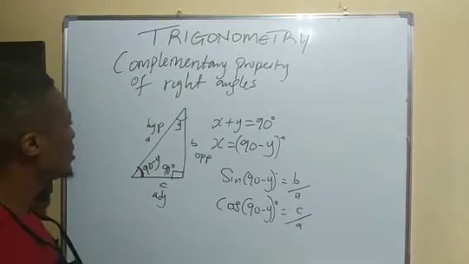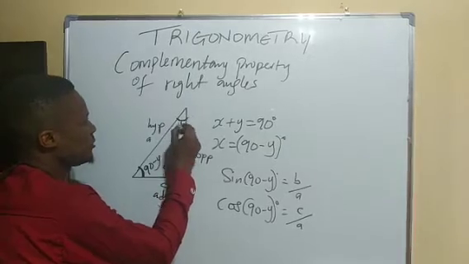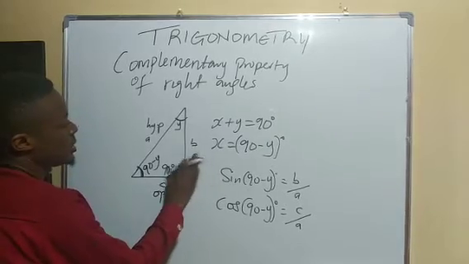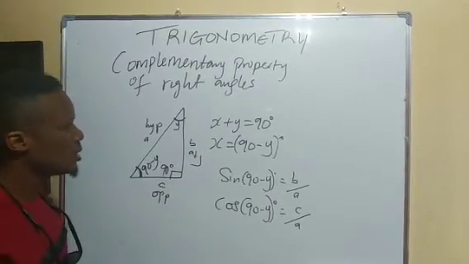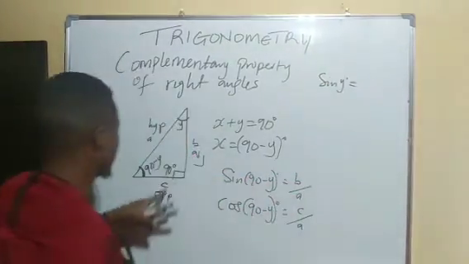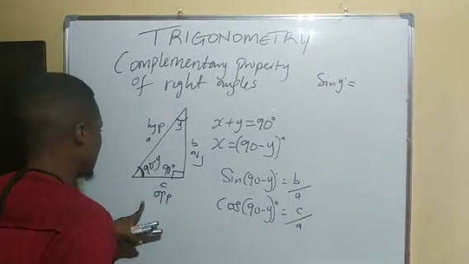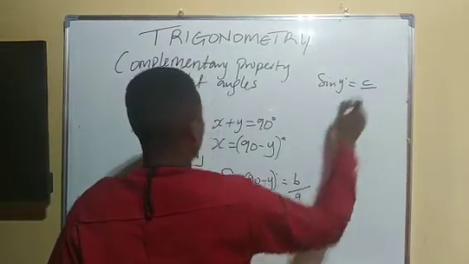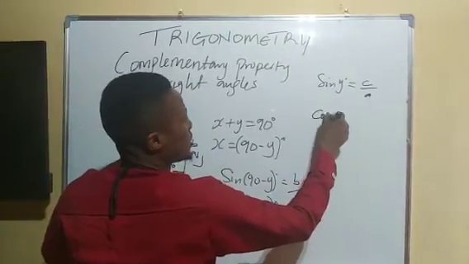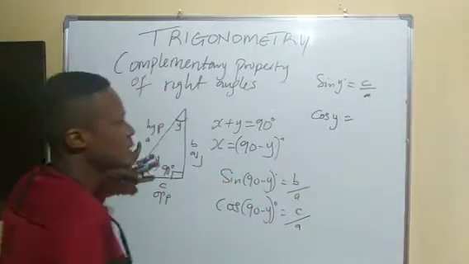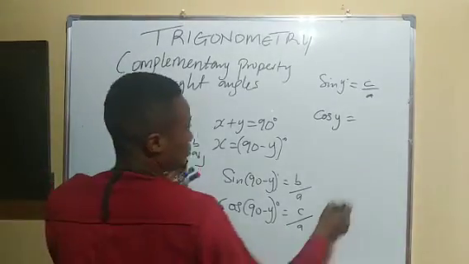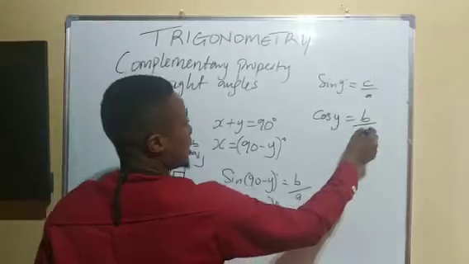Now if I say again that this angle y should be my center of concentration, here is no longer the adjacent, here becomes the opposite of y, then here becomes the adjacent of y. Okay, so what if I now say sine y degrees is the opposite, which is c over hypotenuse, which is a. If I say cos y, for instance, it will still be adjacent, which is b, over hypotenuse, which is a.